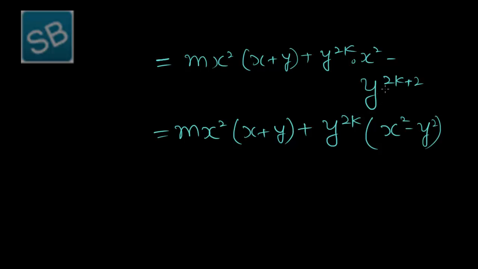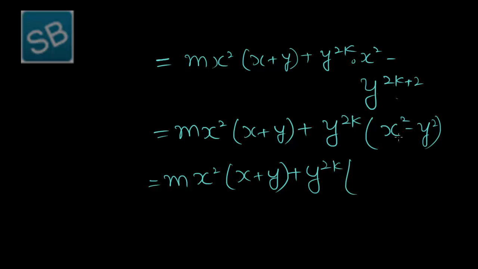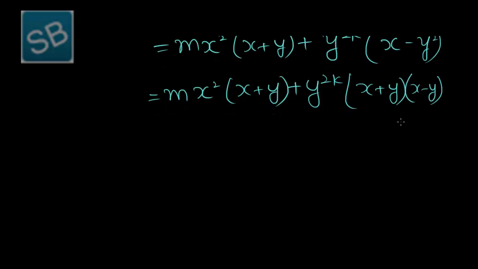From the last term, y raised to power 2k plus 2 can be written as y raised to power 2k into y square. So, further, m x square into x plus y, plus y raised to power 2k into x square minus y square, which is further factorized, that is x plus y into x minus y, using a minus b into a plus b is equal to a square minus b square.